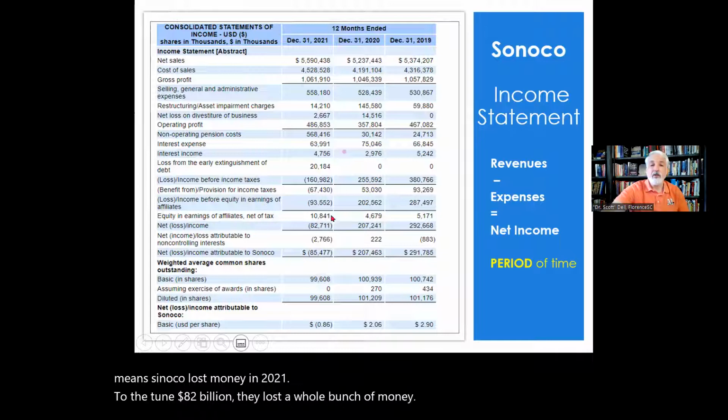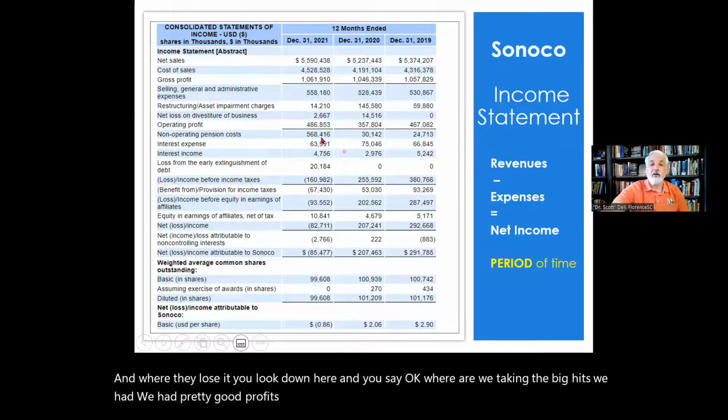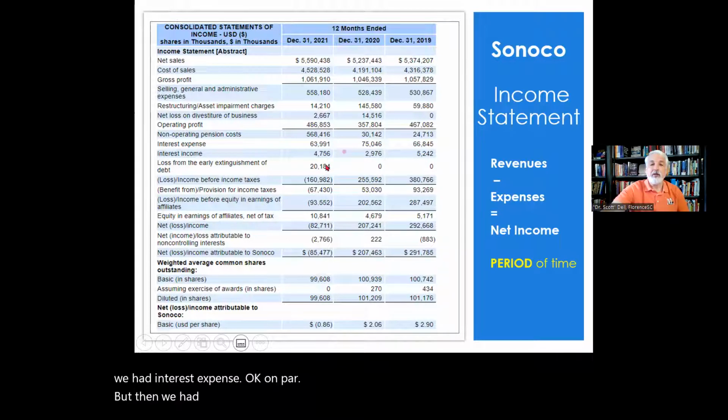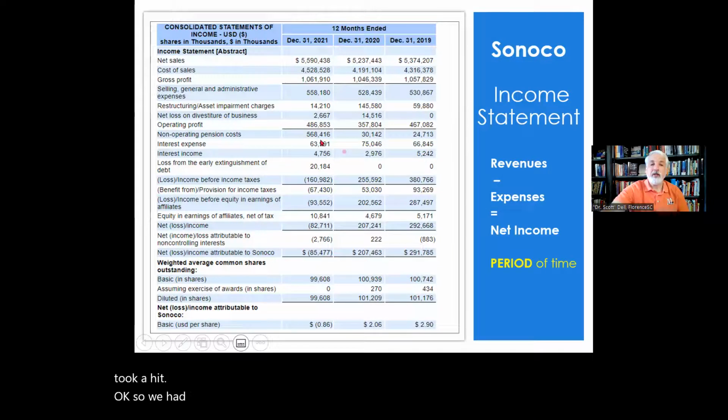And where did they lose it? Well, you look down here and you say, okay, are we taking the big hits? We had pretty good profits actually over here. Our profits were really good, but then we had interest expense, and then we had a real hit, early extinguishment of debt. We took a hit, okay? So we had a bunch of stuff, interest expense, and it really pulled us down.